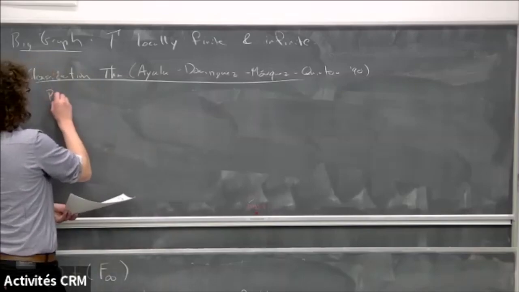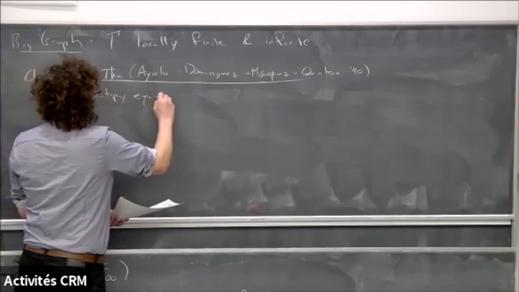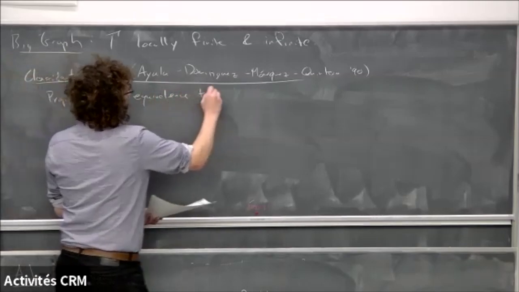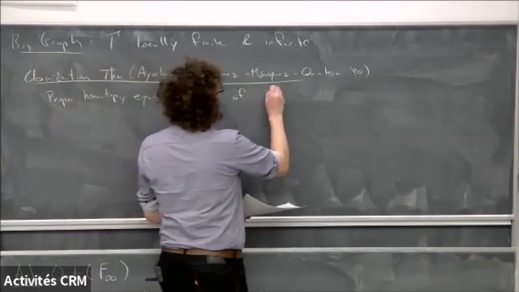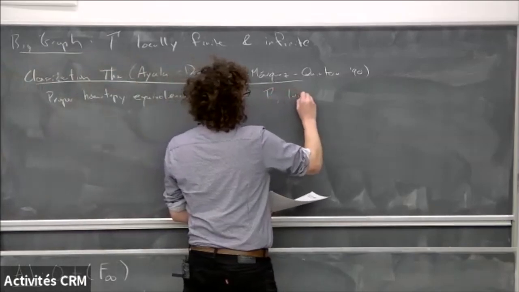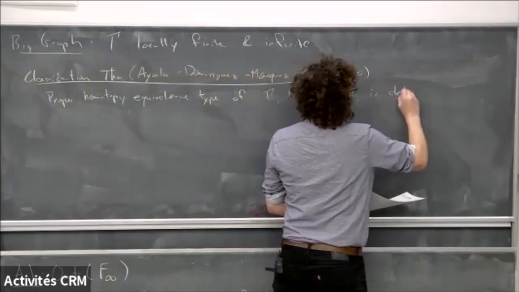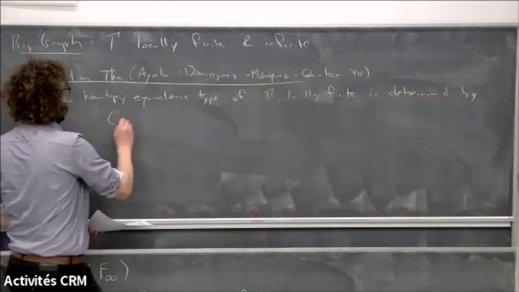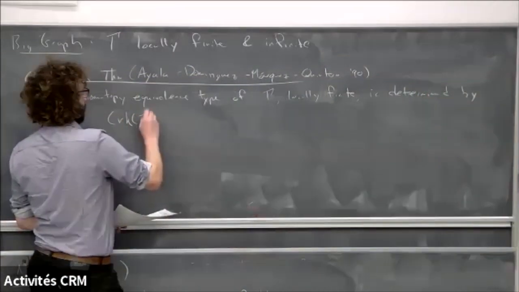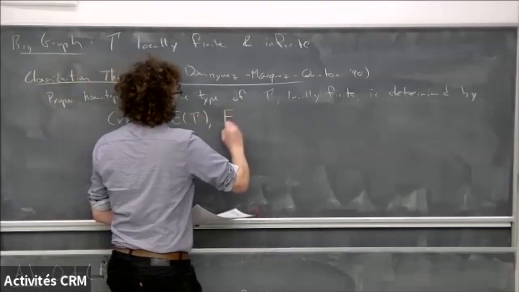It says the proper homotopy equivalence type of gamma, a locally finite graph, is determined by a triple.